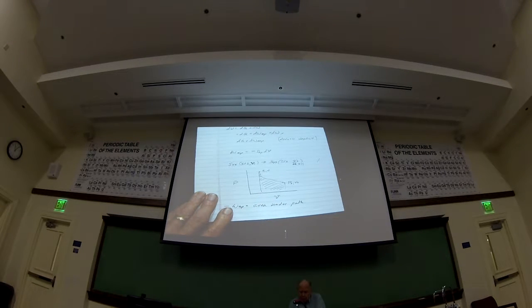If we're compressing, it will work. Sign. Compressing will work on the system, and the effect is positive. All right, so let's calculate.